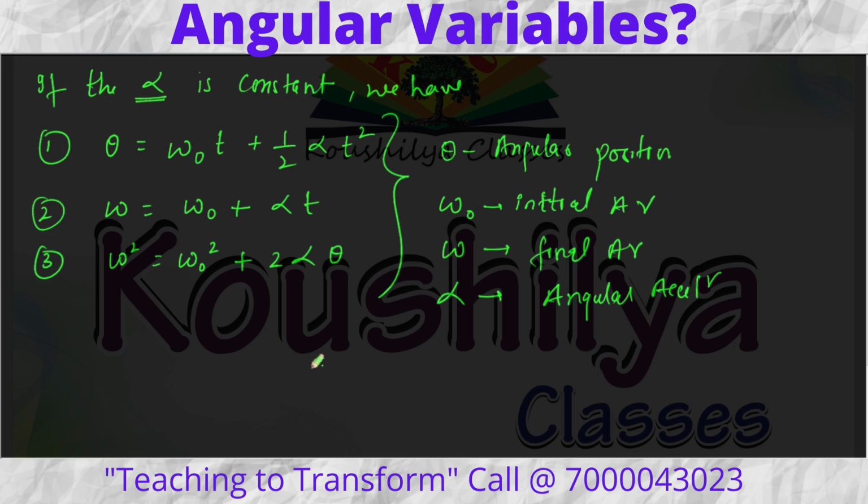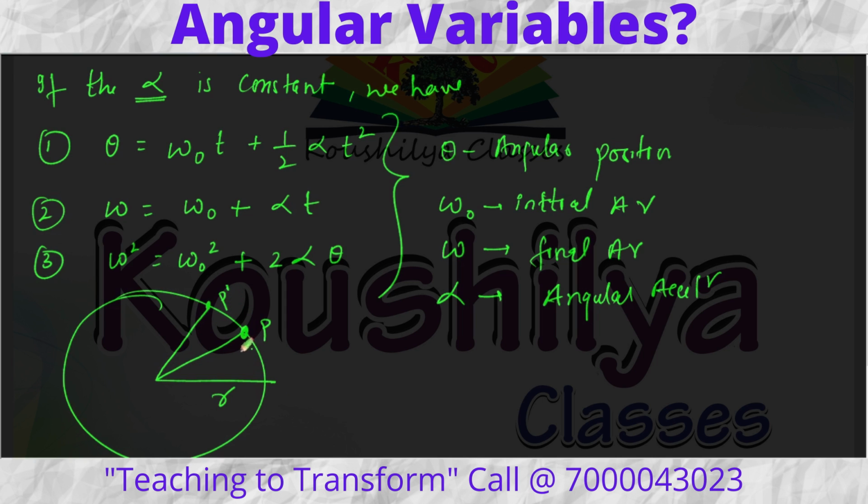Now you can think in a different way, and that is the linear distance. In the previous example, let us suppose this is r and the position of the particle was somewhere here at P and it changes to new position P dash.